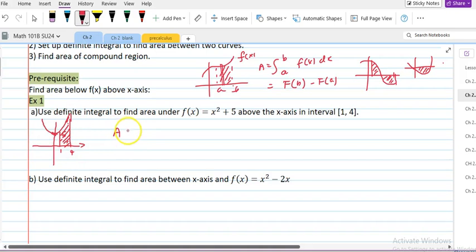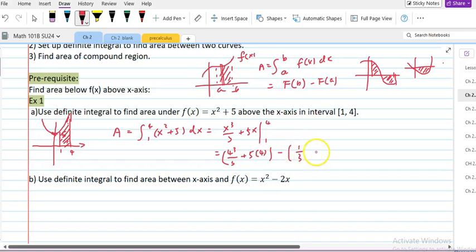So the area equals the integral from 1 to 4 of f of x, which is x squared plus 5, dx. I think we reviewed it in the Calculus 1 review. So the antiderivative will be x cubed over 3 plus 5x, evaluated from 1 to 4. That means 4 cubed over 3 plus 5 times 4, subtract 1 cubed over 3 plus 5 times 1.